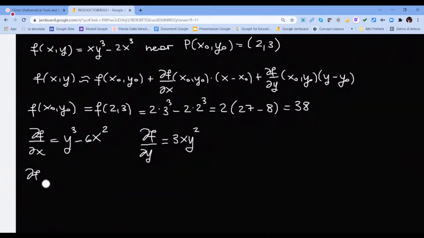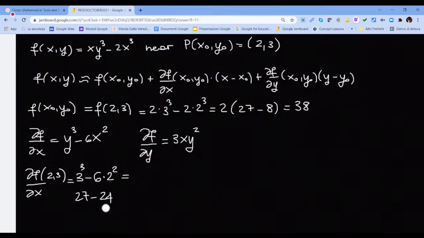The first one computed is 3 cubed minus 6 times 2 squared. So it is 27 minus 24. That is 3.